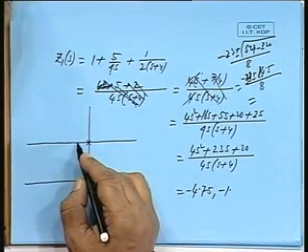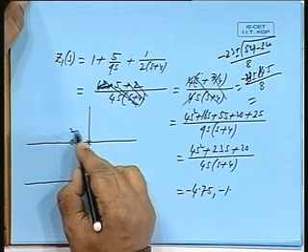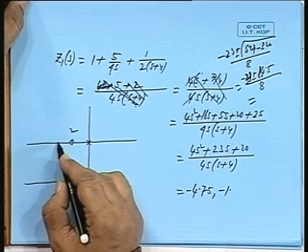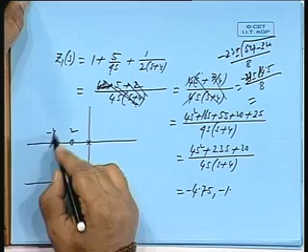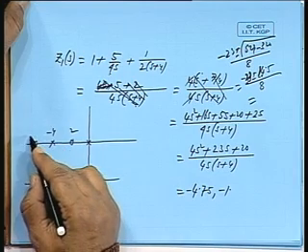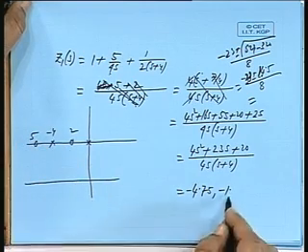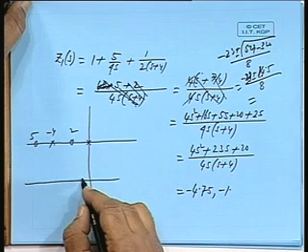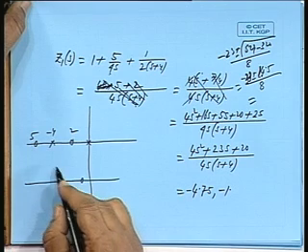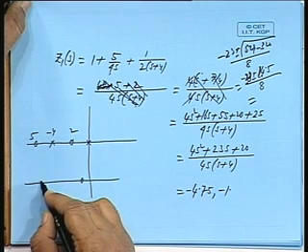This was 1, 2, then 4, then 5. Now, it is minus 1 and minus 4.75.